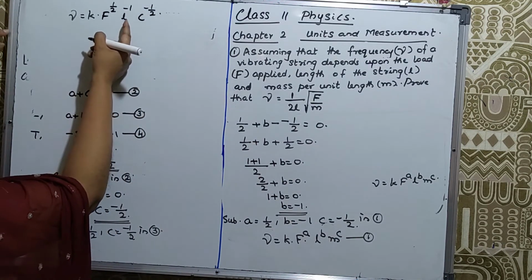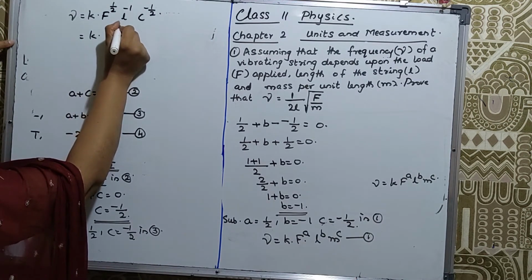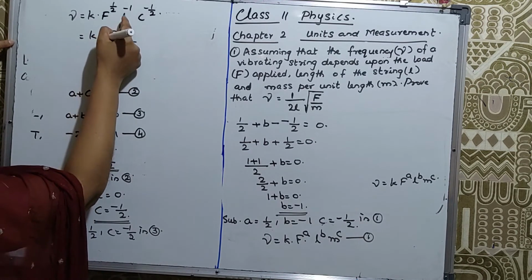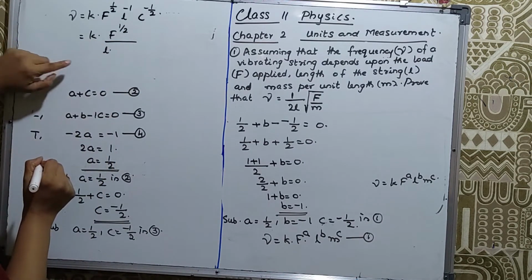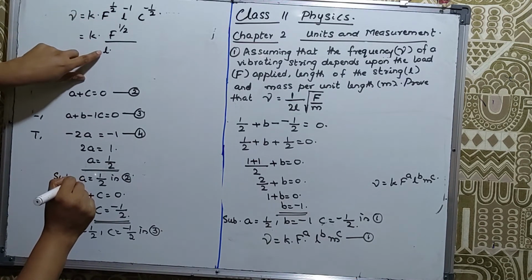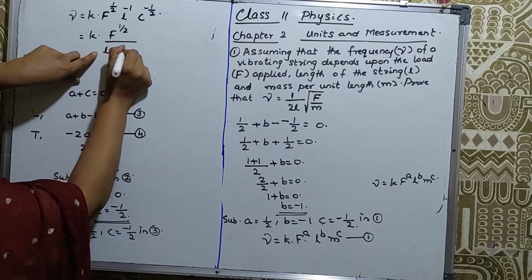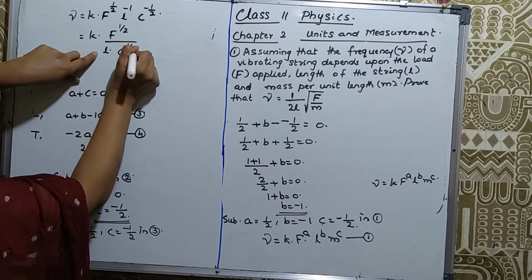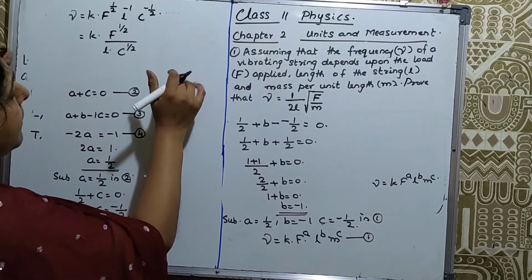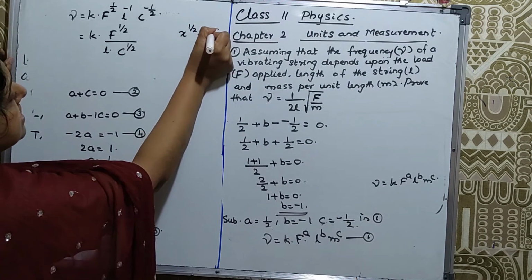Now the terms having negative power we will take to the denominator, so it will become K into F raised to half divided by L raised to plus 1 and M raised to plus half. When you take from numerator to denominator, the negative power becomes positive. Plus half is representing the power square root. X raised to half is actually root x.